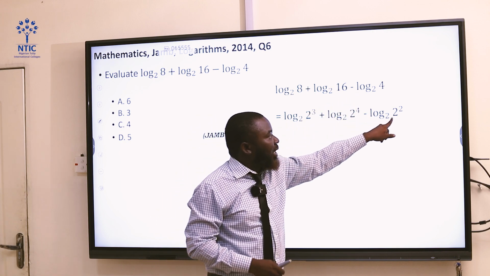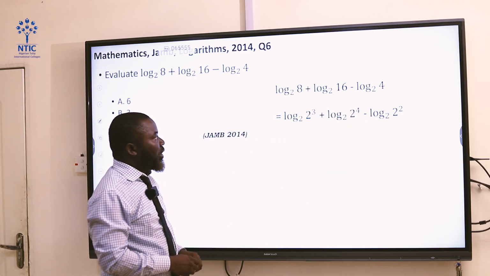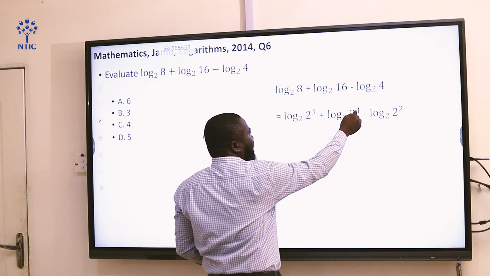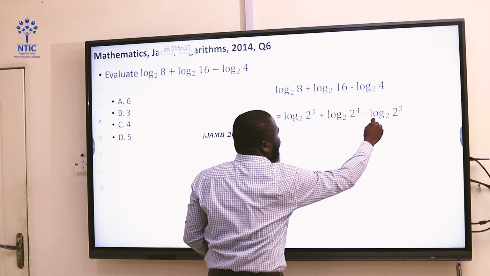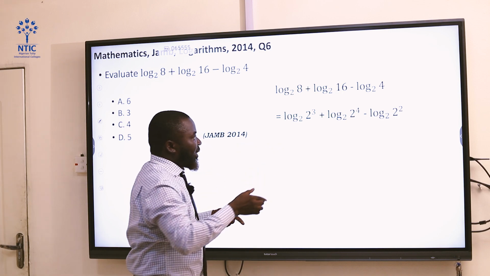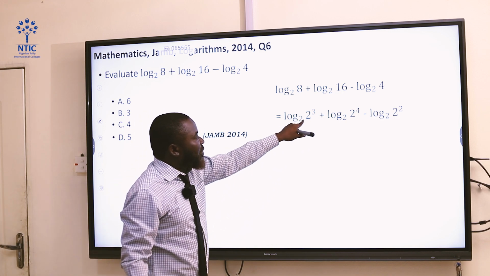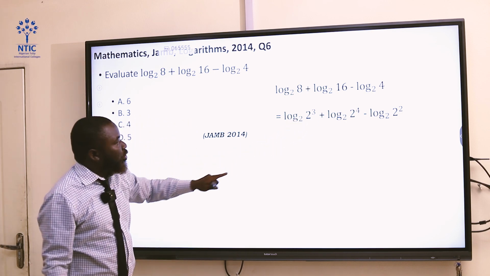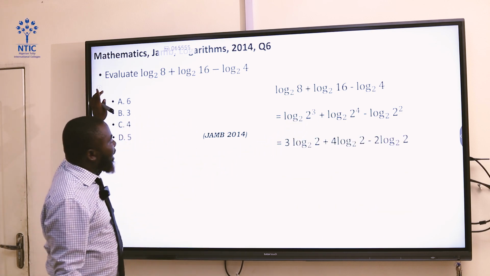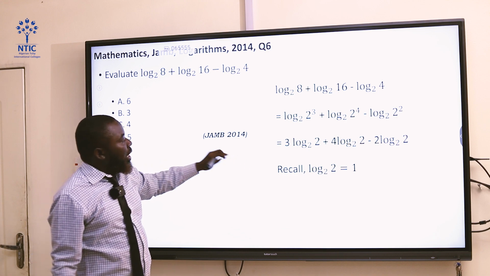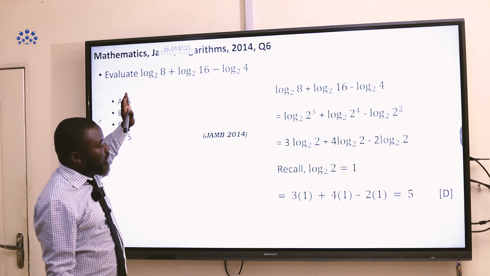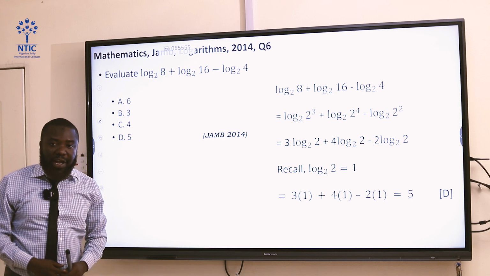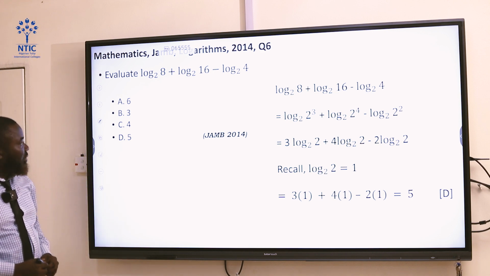And log 4 is the same thing as log 2 to the power of 2. Then using the power laws, we're going to use our 3 to multiply this, our 4 to multiply this, and our 2 to multiply this. Now remember, the logarithm to its own base is equal to 1. So log 2 base 2 is equal to 1. Therefore, we're going to have 3 plus 4, then minus 2, which is equal to 5, and that is option D.